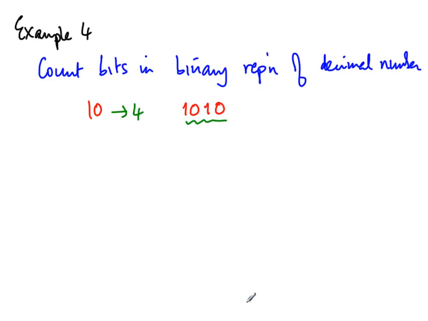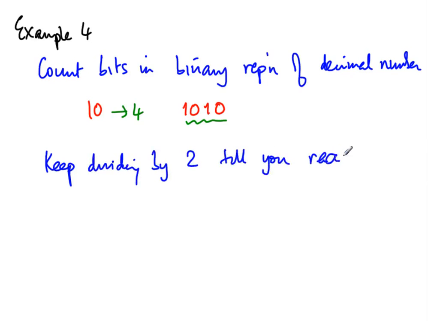So the strategy here is that you keep dividing by 2 till you reach 1. The way this would work for 10 is that you divide by 2 and get 5, and you count 1.